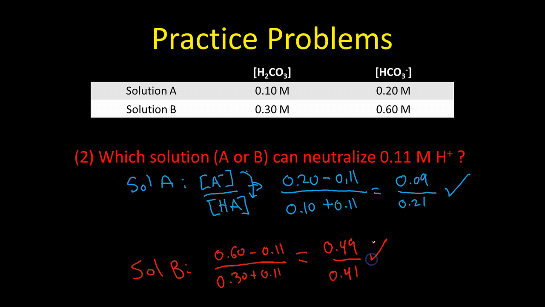So this is also going to neutralize it. I haven't done this calculation, but you can just see from these ratios that this ratio changed a lot more from its initial conditions.